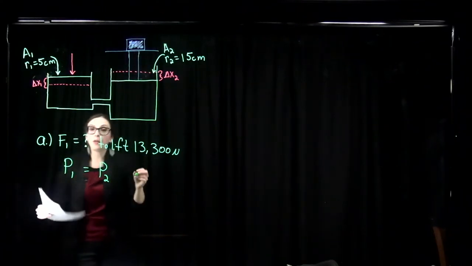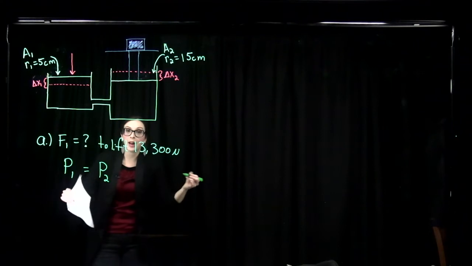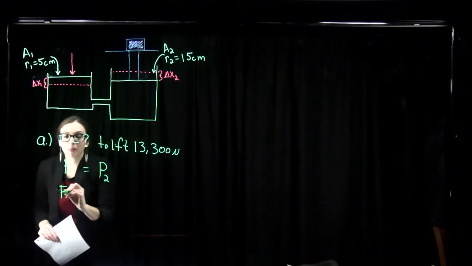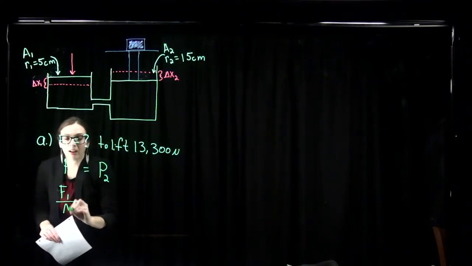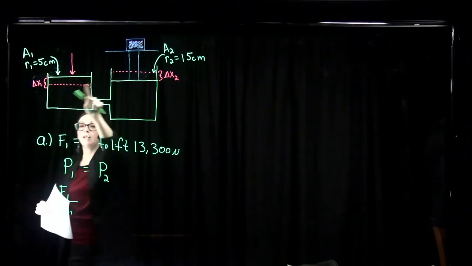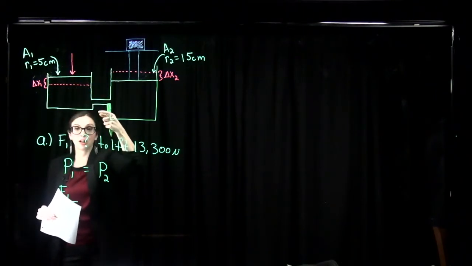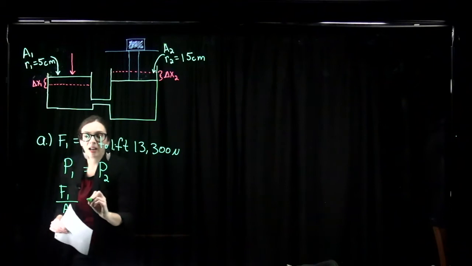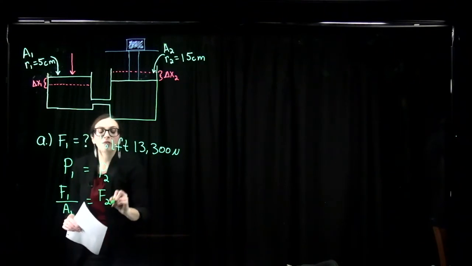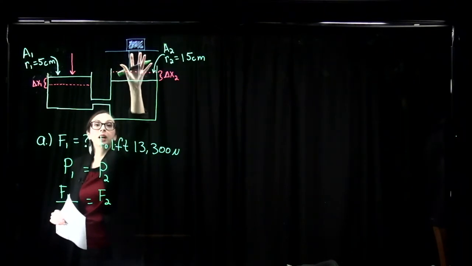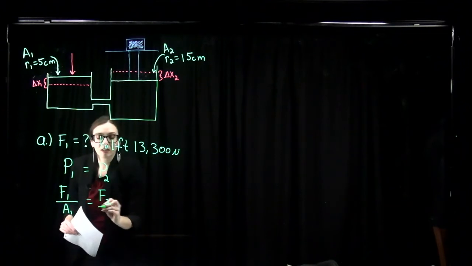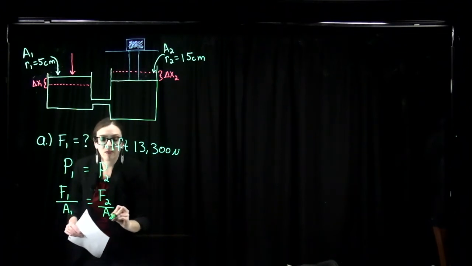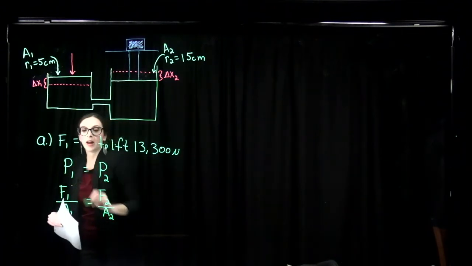And we know that pressure is force per area. So the force applied to our first piston divided by the cross-sectional area of that circular piston has to equal the output force, the force that's exerting upward over here, divided by the cross-sectional area of that piston. We're looking for F1.